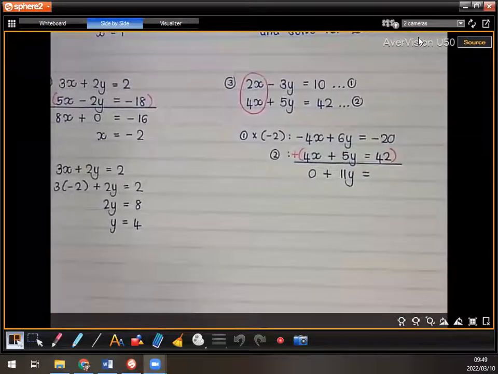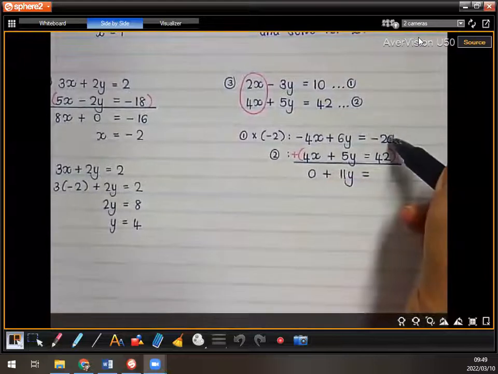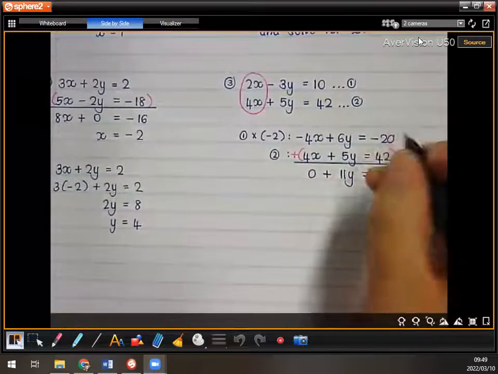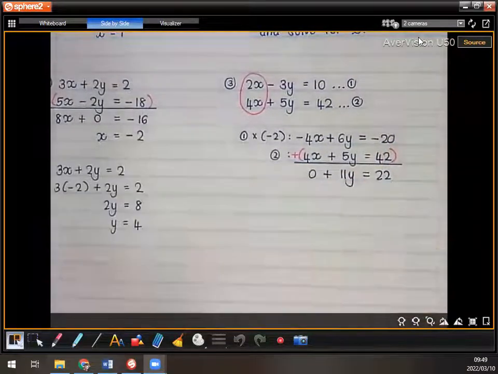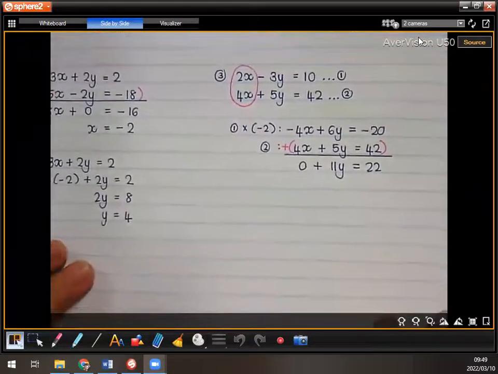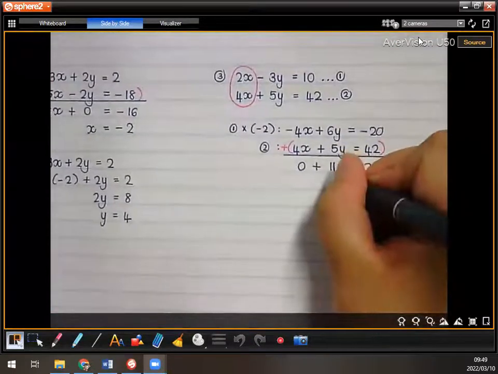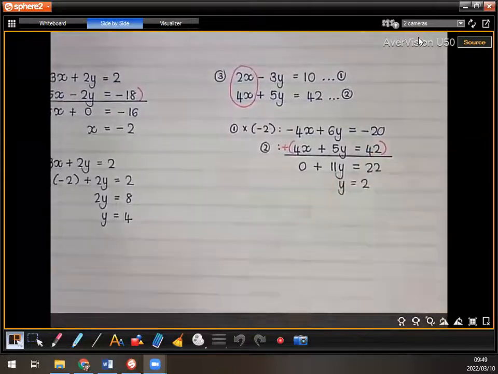But you don't have to write that 0 plus, you're just going to write 11y. And then negative 20 plus 42 is 22. So y is equal to 2.